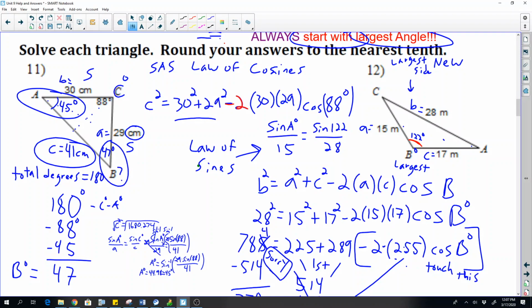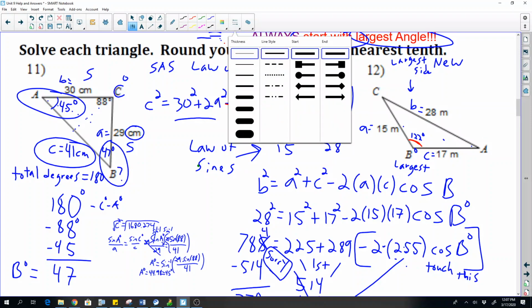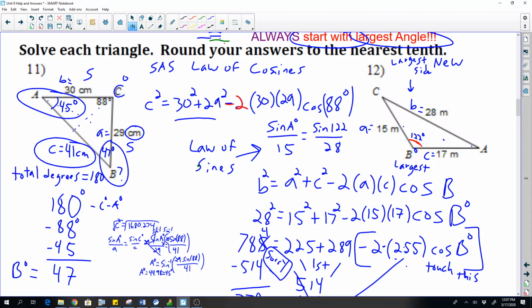Nice. Remember this part? Do you remember this part? When we fell in love with math, do you remember this part? So we're going to times 15 over to the other side. Remember this part? Good. So 15 times sine 122 over 28. And then we're going to inverse sine over to the other side.